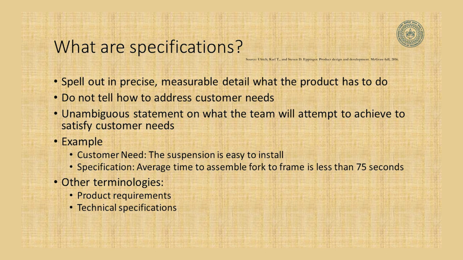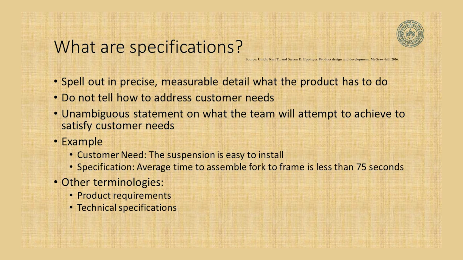So, they also provide you with an unambiguous statement on what the team will attempt to achieve to satisfy the customer needs. So, for instance, the customer need may be that the suspension is easy to install. So, the specification can be that the average time to assemble fork to frame is less than 75 seconds.